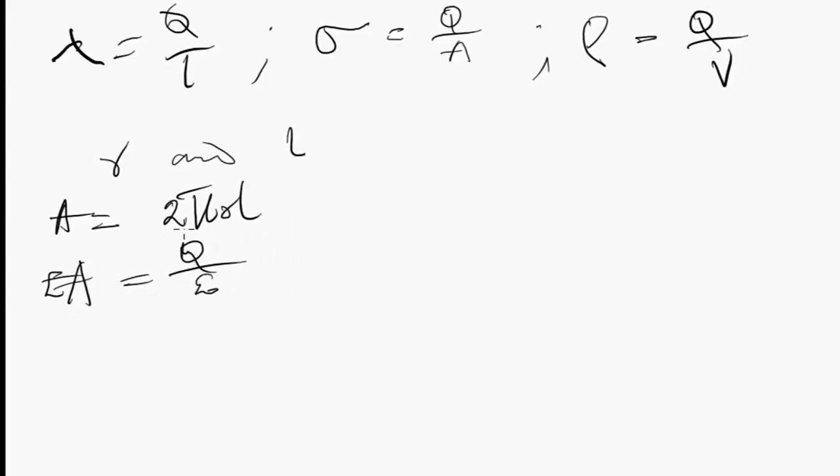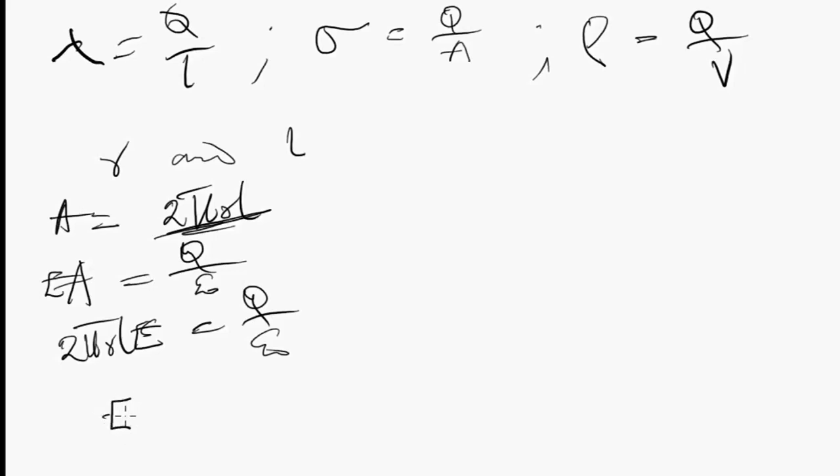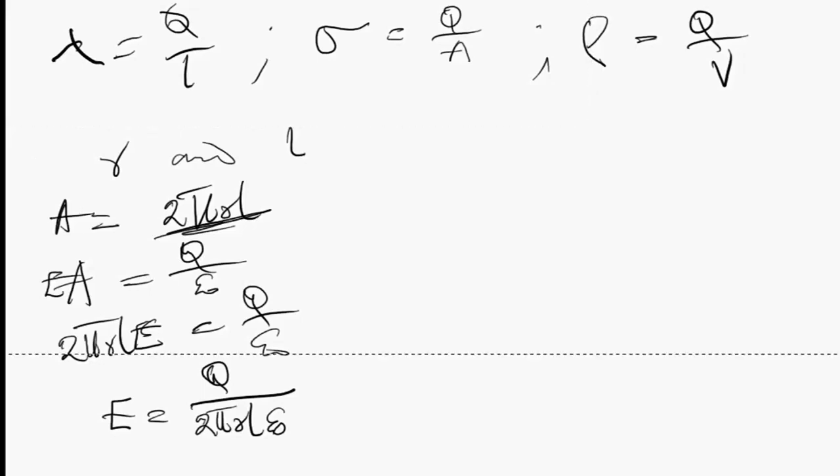We can replace the area by this. So we now say 2 pi RL E is equal to Q over epsilon naught. Now if I want to make E the subject of this formula, I can simply have Q over 2 pi R L epsilon naught.